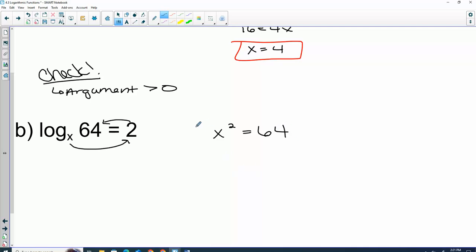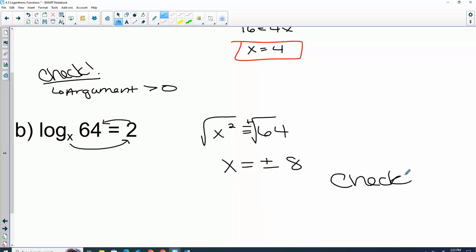How do you get rid of a square? We add a square root, so x is plus and minus 8. But we need to check. On the log, the argument and the base both have to be positive numbers. So do both of these answers work? No. The negative 8 does not. So 8 is our only solution.